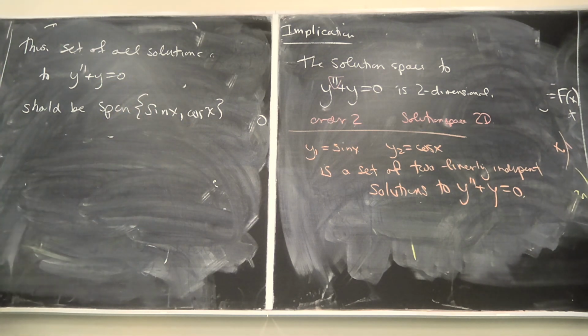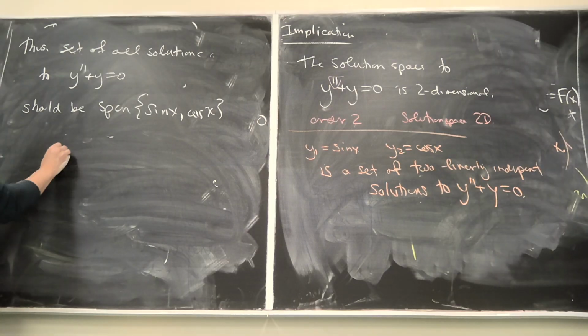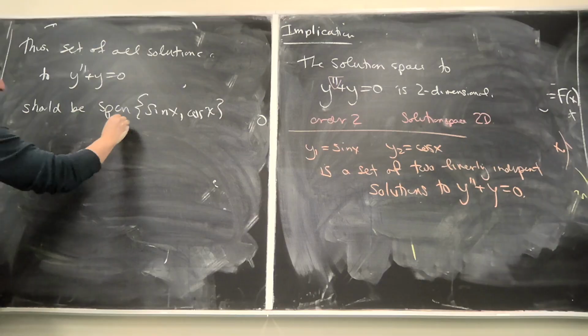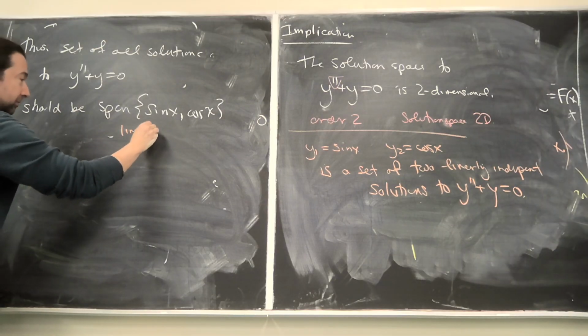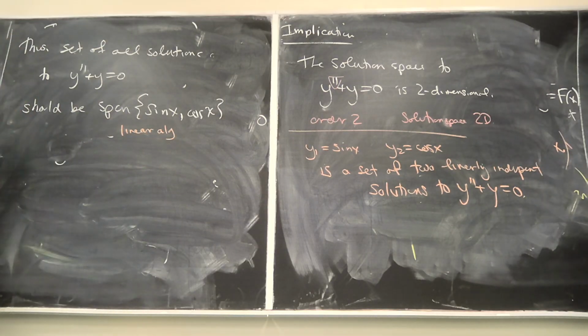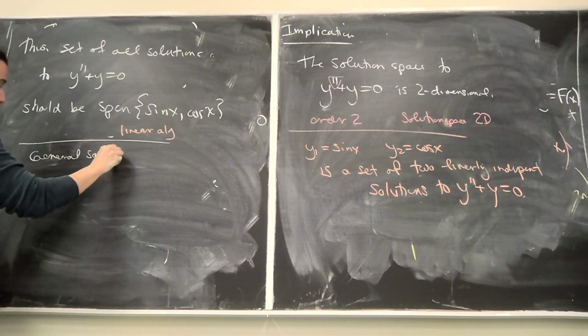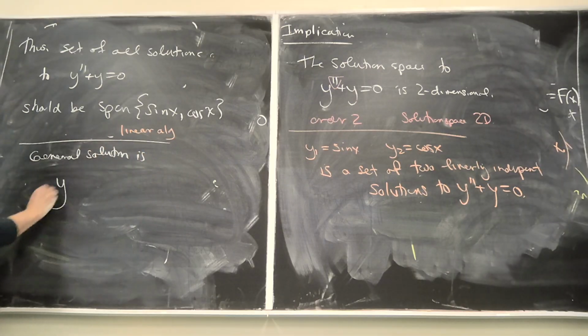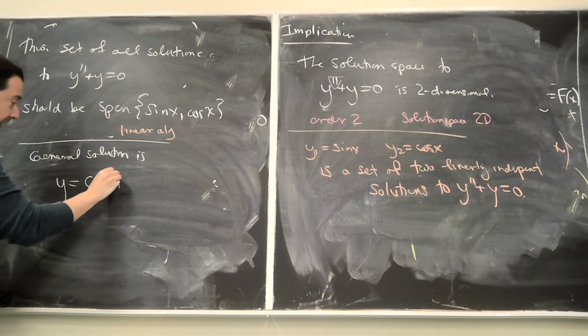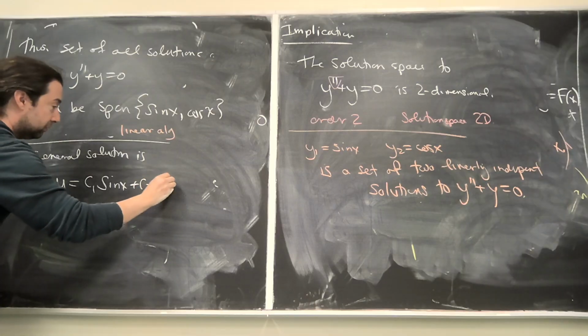This is the linear algebra version. If you want less linear algebra in your life, you can say instead, it must be that the general solution is y is equal to c1 sine of x plus c2 cosine of x.